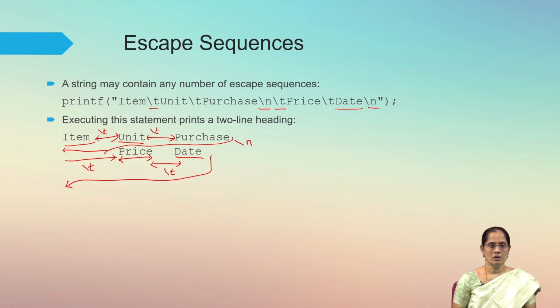So, this is how we can make use of the printf statement to give the format as we want. If you see here, we are now getting a tabular format. Even though it is a single printf statement, we are able to get the display as a table. So, that way it gives us a good format for display, so that it will be readable by the users.